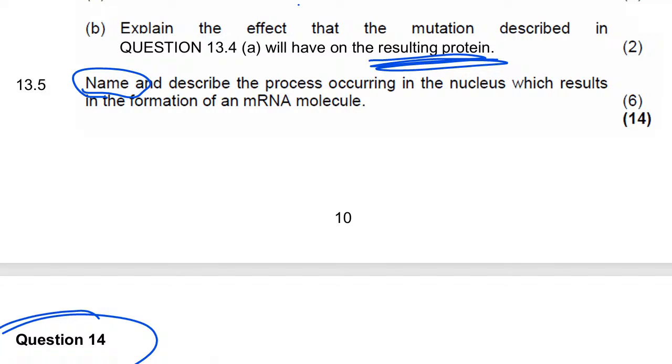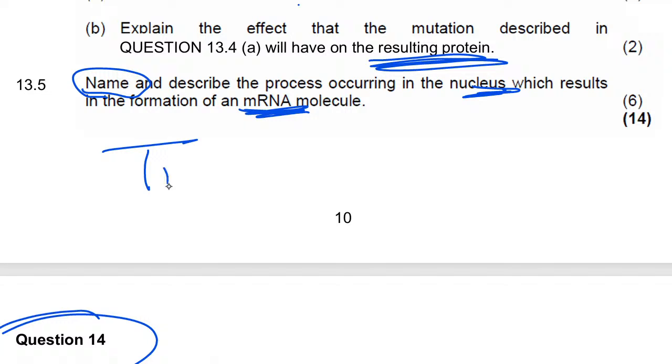Okay. You're saying name and describe the process that occurs in the nucleus. You see, this is the location. So what are they looking for, which results in the formation of messenger RNA? Transcription.